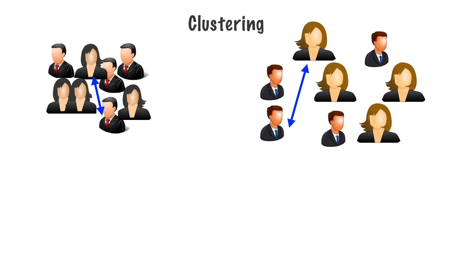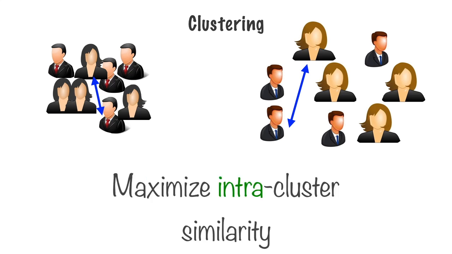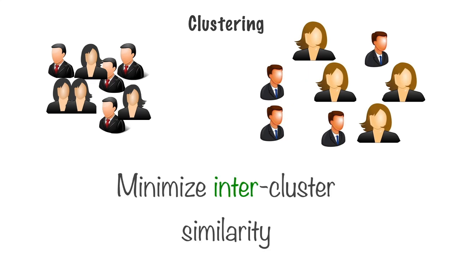The whole point of clustering data is to maximize the intra cluster similarity. You want data that is similar to each other to be in the same cluster. In addition, you want to minimize inter cluster similarity. Data that is in different clusters should be as different from each other as possible, as dissimilar as possible.